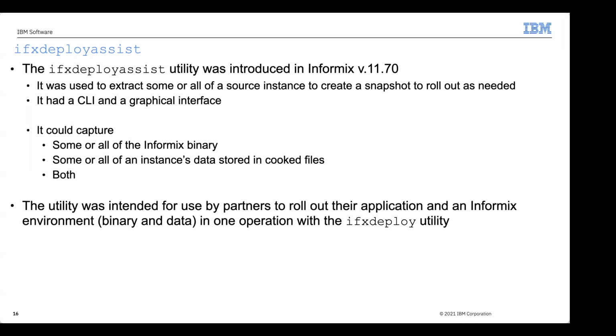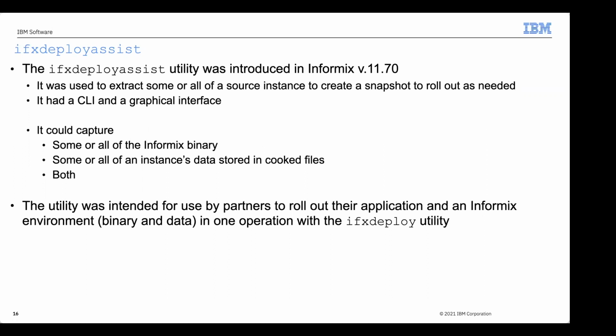So obviously you would choose the base level features. But if they weren't using ER, they could ignore that component of the binary. If they weren't using another component, they could ignore it and so forth. So they could select which components of the Informix binary they wanted to use inside their application.